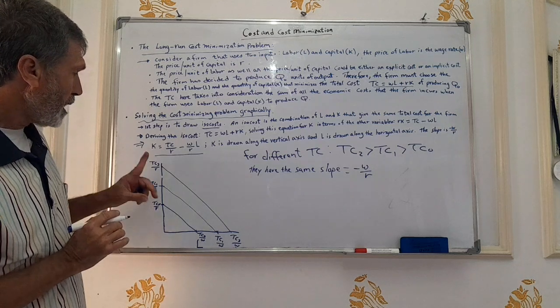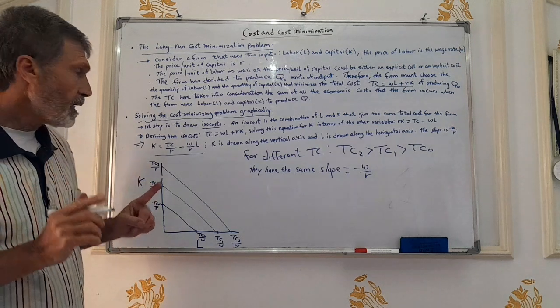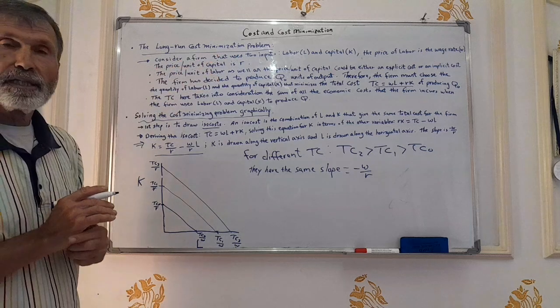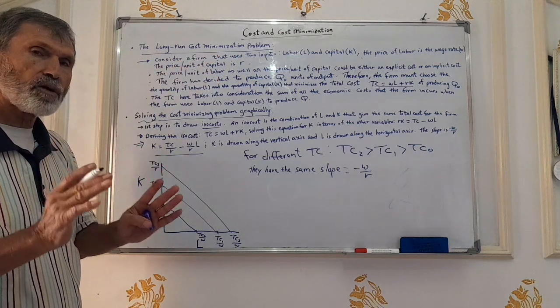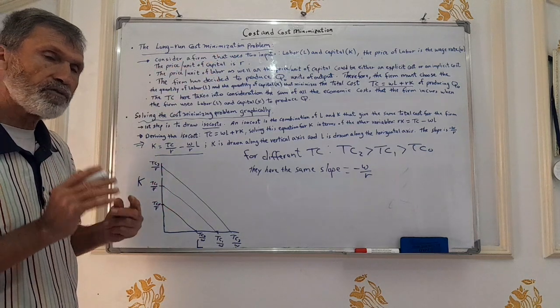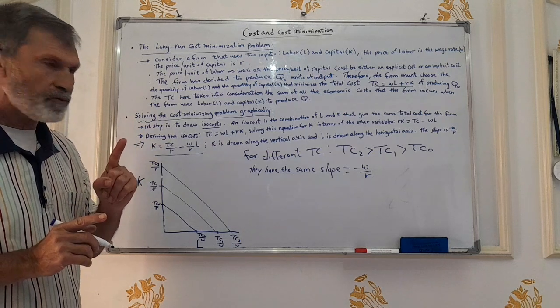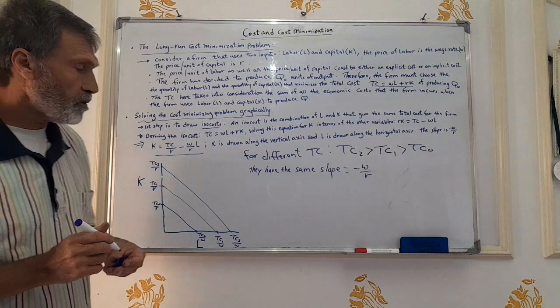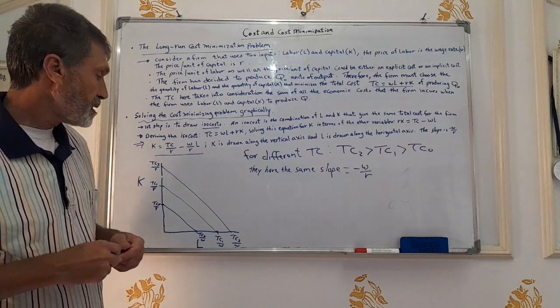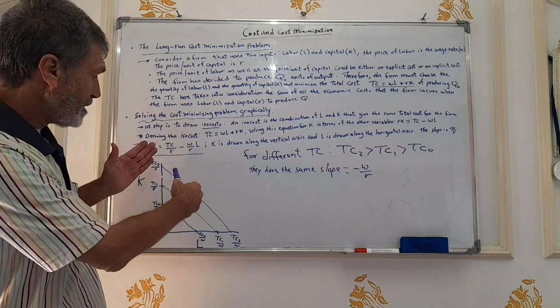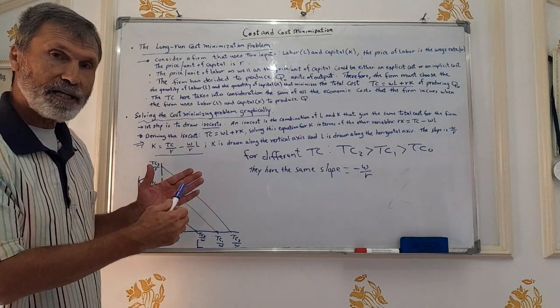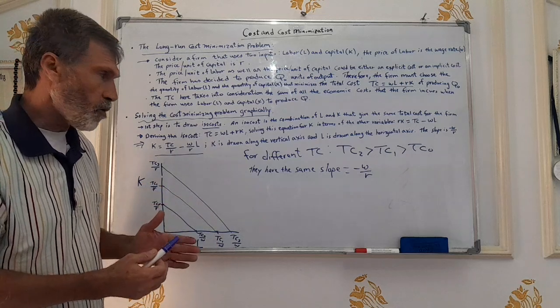As you can see here, the first step in solving the long run cost minimization problem is to first draw the isocost lines, and then the next step is to draw the isoquant.